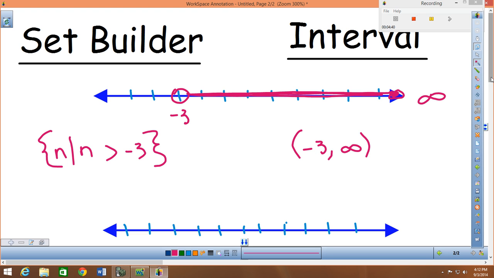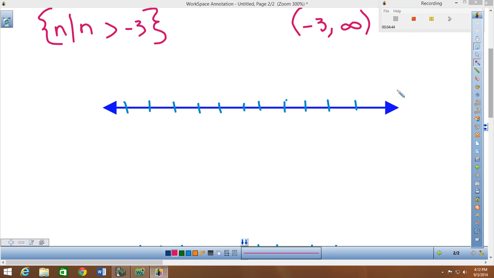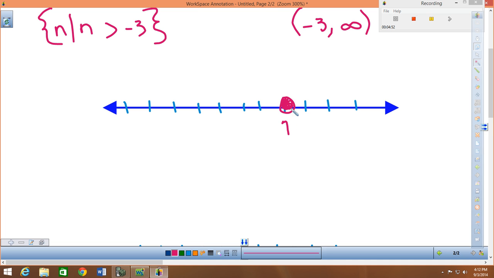Okay? Let's look at another example. Let's say that that's +7 right there. And I'm interested in +7 and everything to the left of +7, and it's going to keep on going. Okay.